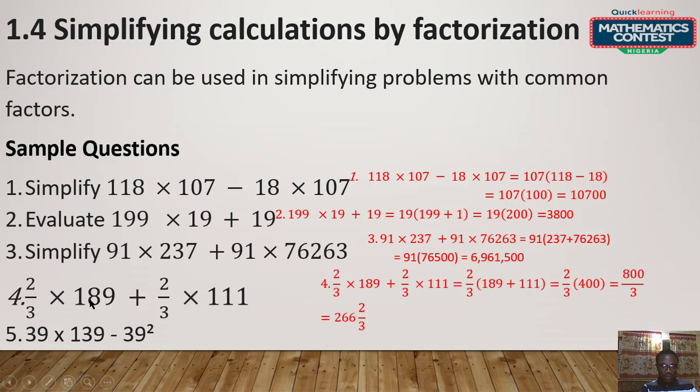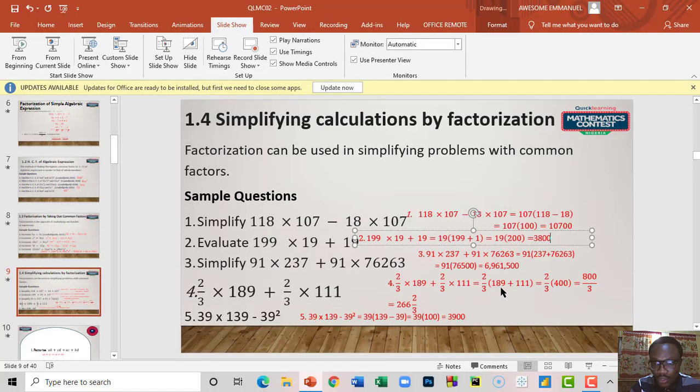You can also have something in fractions. What is common here is 2 over 3. If we bring 2 over 3 out, what is left is 189 plus 111. Let's check this together. Is it 400? I think there was an error there. 189 plus 111 is not 400, the answer should be 300.